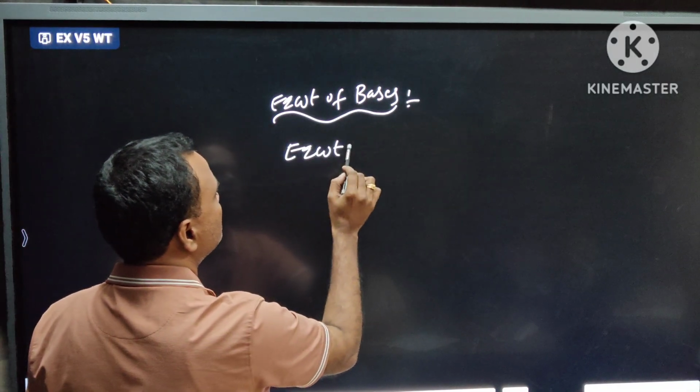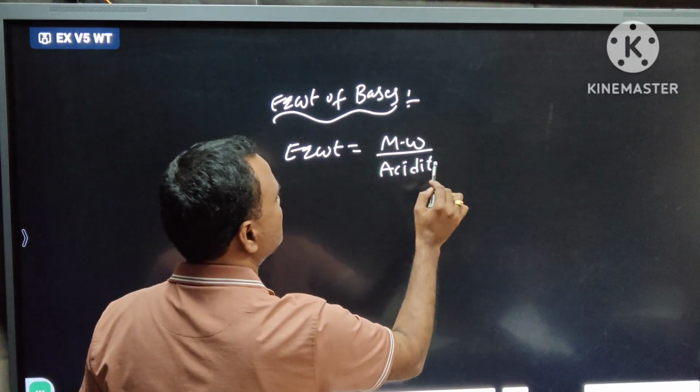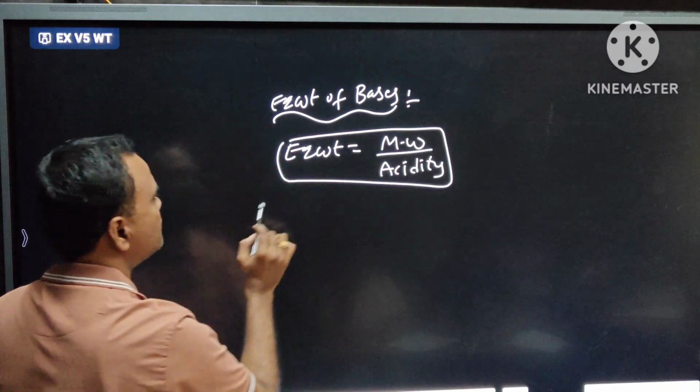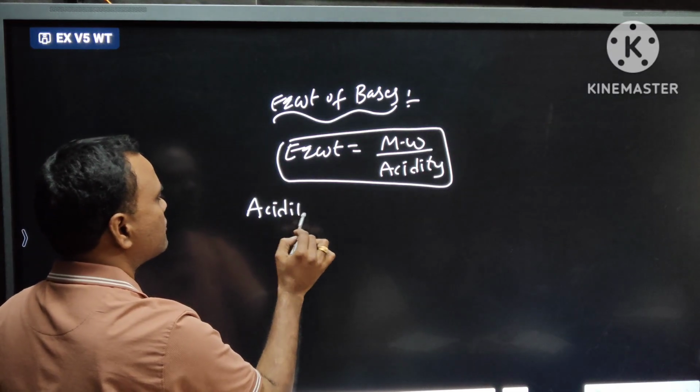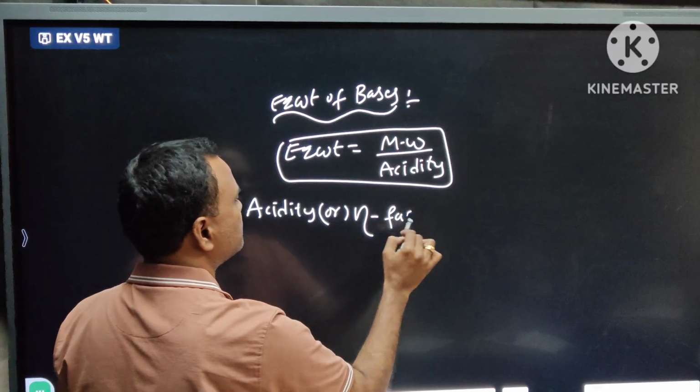Equivalent weight is equal to molecular weight of base by acidity. What is acidity? Acidity is also called as N factor.